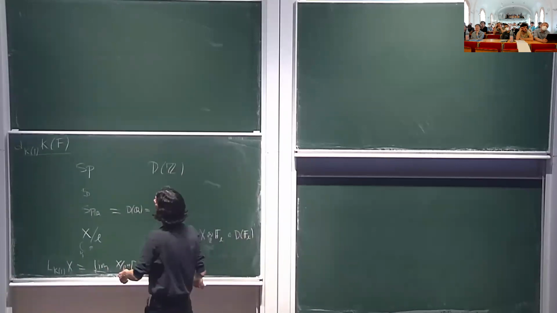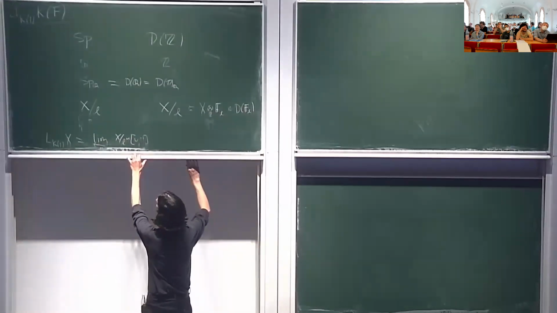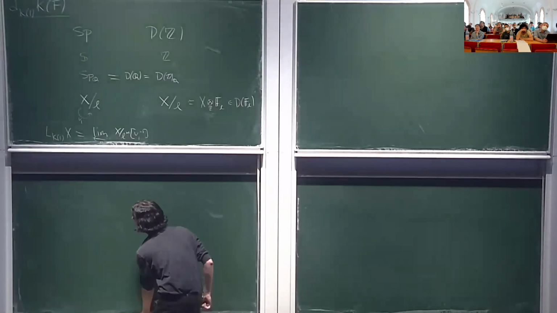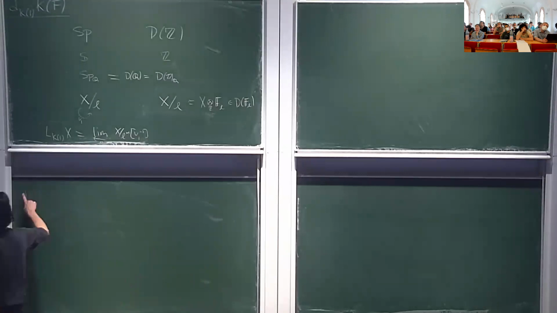Okay, that was a little background. Now, I want to state a theorem of Thomason, which connects this operation to algebraic K theory.